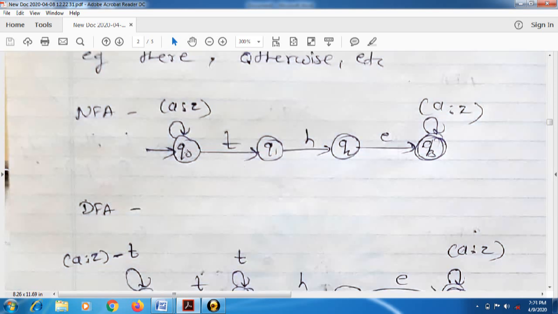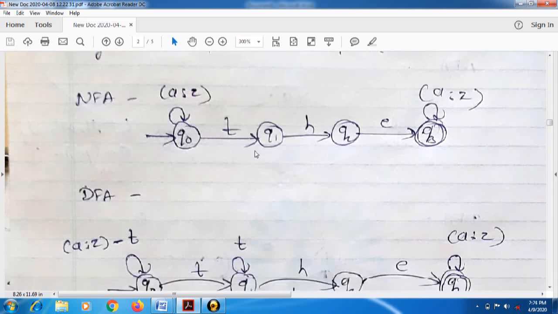And suppose our string may start with some other letters, like for example, otherwise. In that case, our string starts with O and ends with E. So at the starting state we have added a loop of A to Z values, and at the ending state we have added a loop of A to Z values.